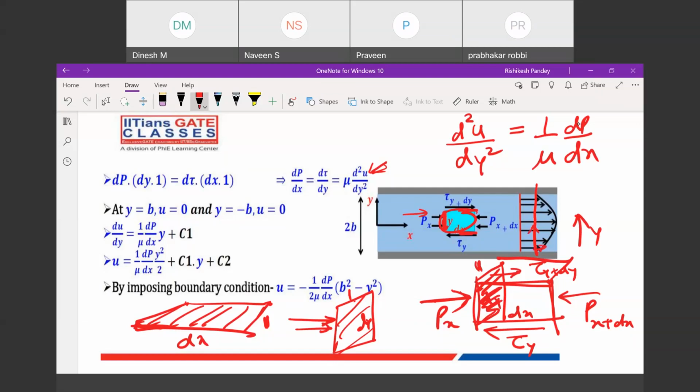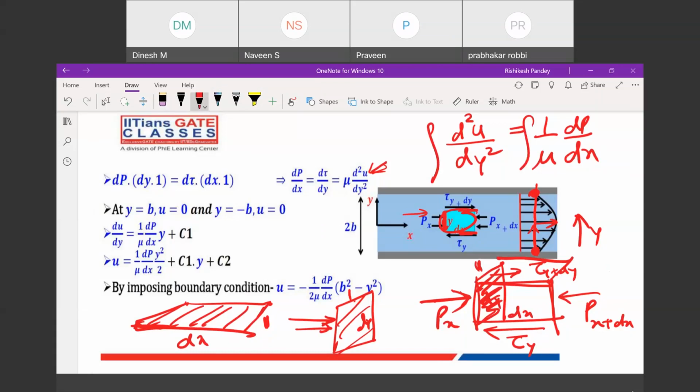There is a velocity variation in y direction, and where the fluid is in contact with our wall or plate, the velocity is 0. Here the velocity is 0, and at the center it will be maximum, and that only we need to derive actually. So here we have to integrate this one to get the velocity profile.